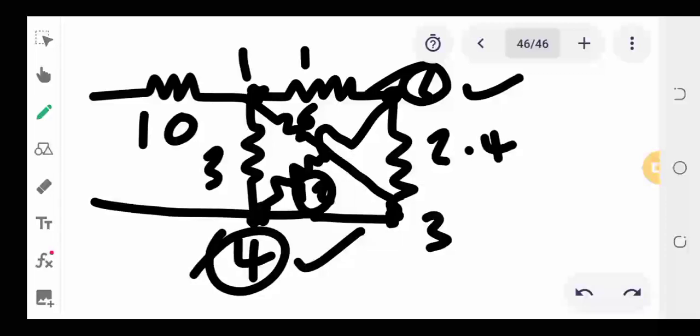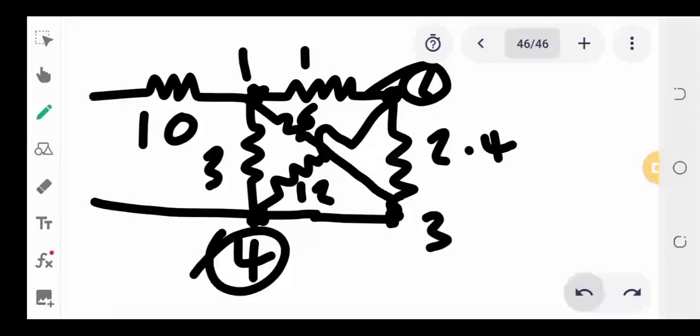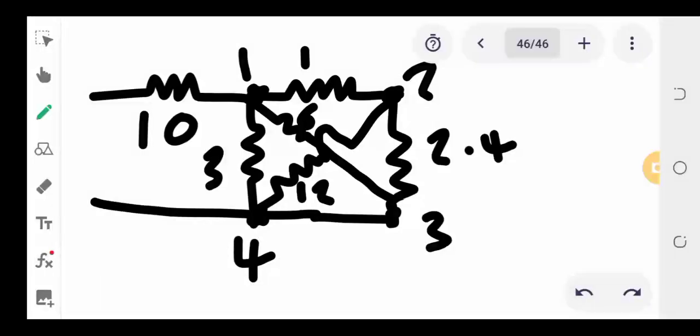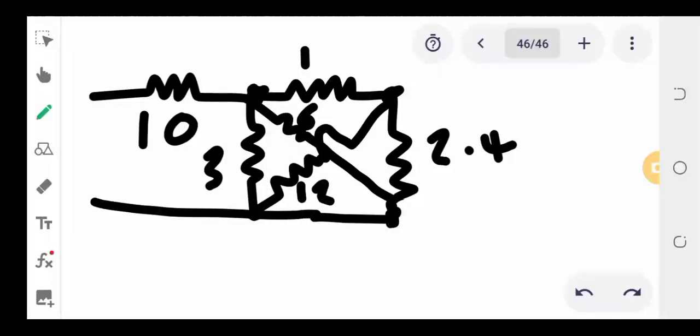Meaning even the remaining two, the 1 ohm resistor there, which is this resistor. Let us observe this as well.